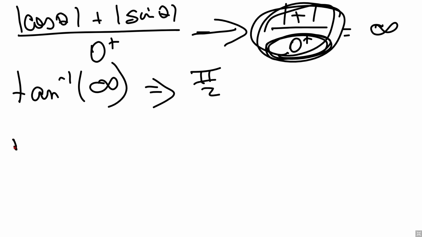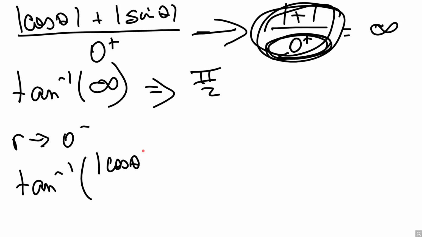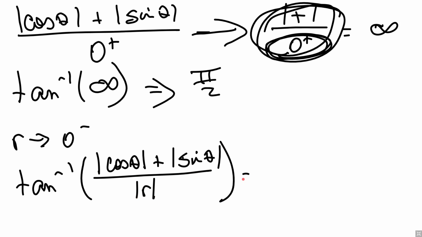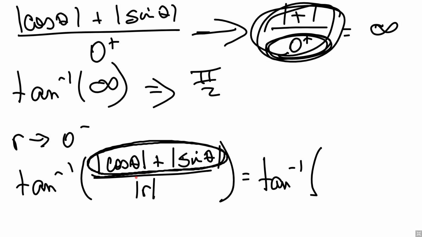All right, so now let's look at when r is approaching 0 from the left. Again, we're going to have the tangent inverse of the absolute value of cosine of theta plus the absolute value of sine of theta over the absolute value of r. As far as the numerator, the largest it's going to be is what? 2.